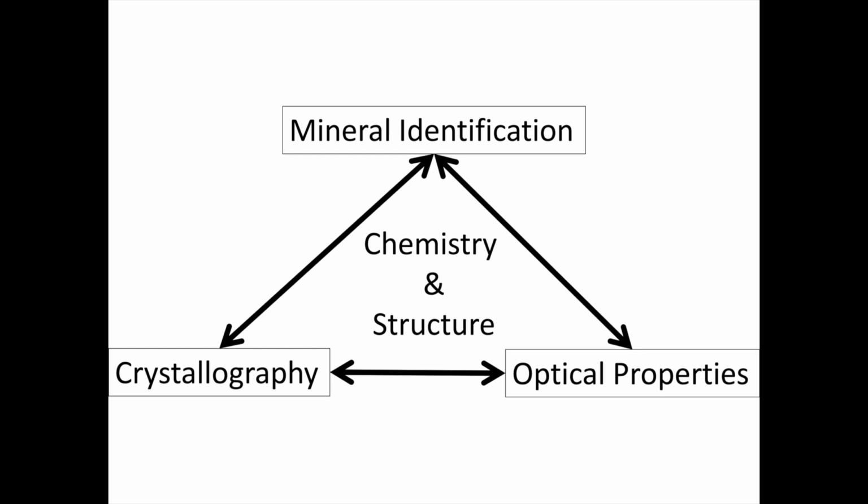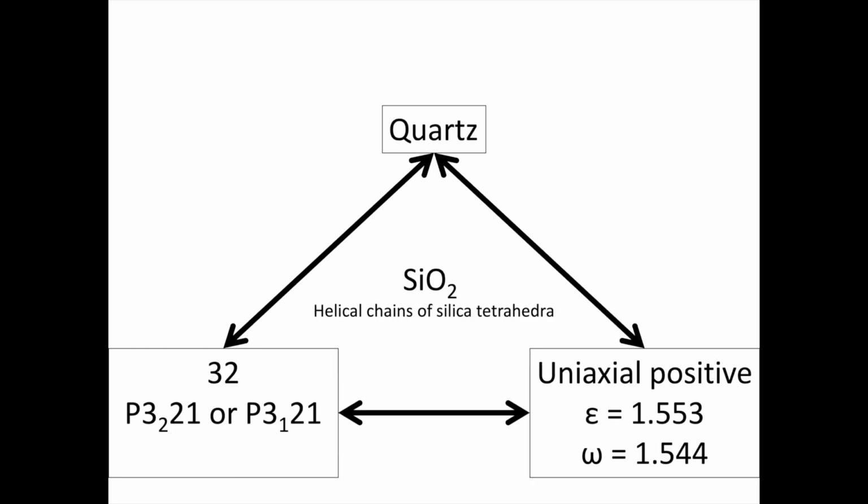Let's now talk about some of these concepts specifically for the mineral quartz. The chemical formula for quartz is SiO2, and the structure of quartz consists of helical chains of silica tetrahedra. Now, in order to better understand the structure of quartz, I'd suggest you check out some of the structure models on a website like Mindat.